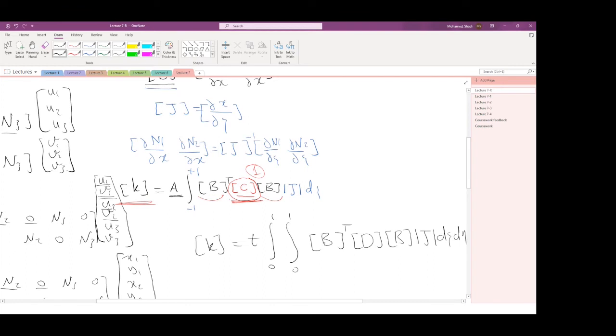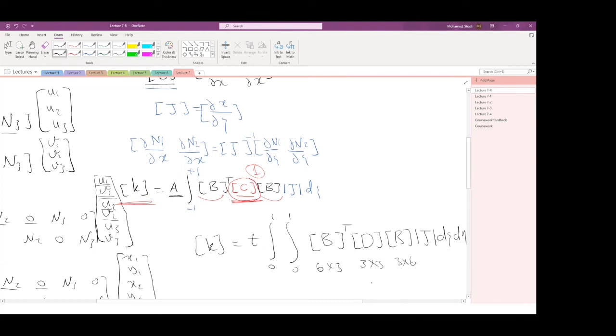All right. Now, this here is a 3 by 6 transposed, so it is going to be 6 by 3. So 6 by 3, this is a 3 by 3, and this is 3 by 6. And the Jacobian is just the determinant of the Jacobian, just a scalar, and then you integrate.